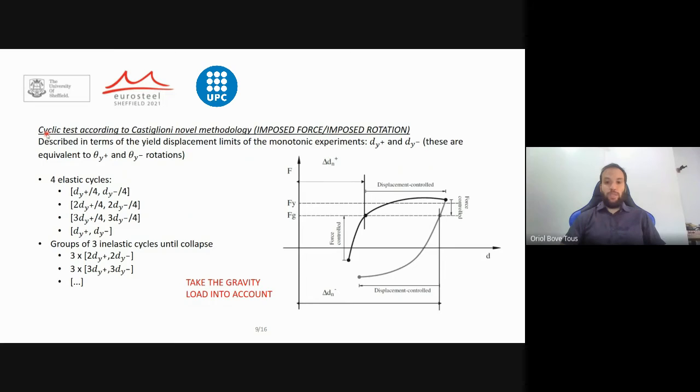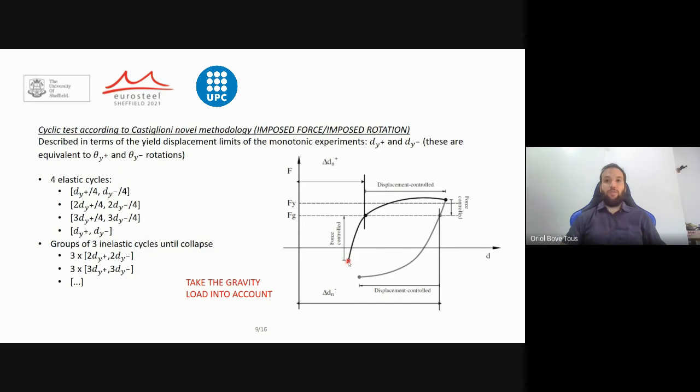Next, we see depicted the novel method designed by Castiglioni. This method is basically differentiated from the previous one in the fact that here the gravity load is taken into account. This test will also have 4 elastic cycles, as we can see here, and then the inelastic cycles will include this gravitational load.